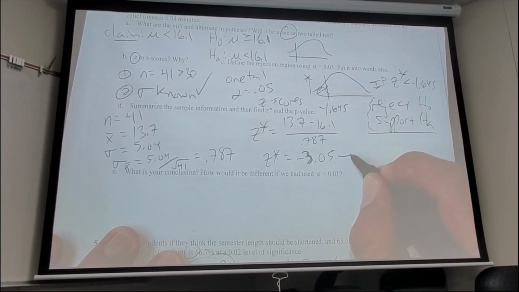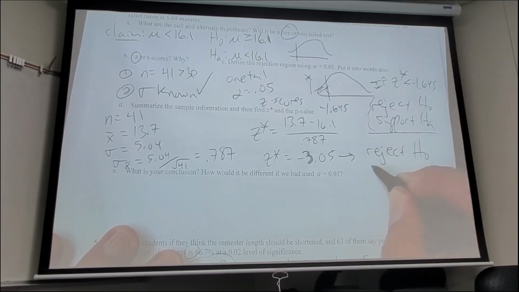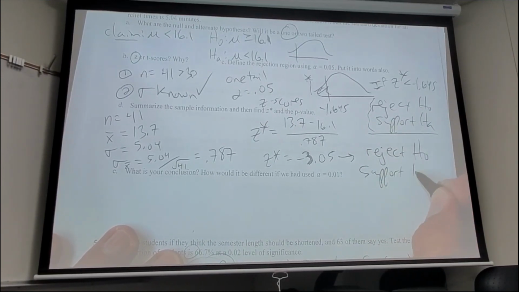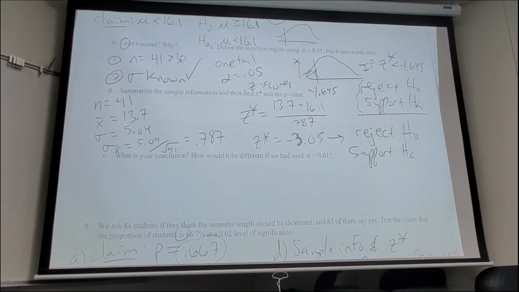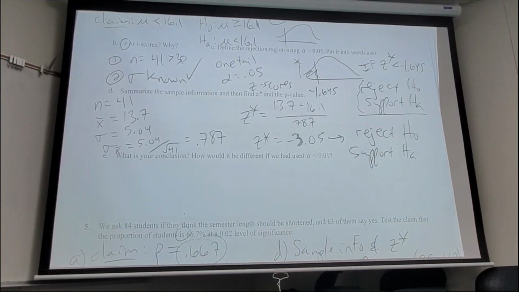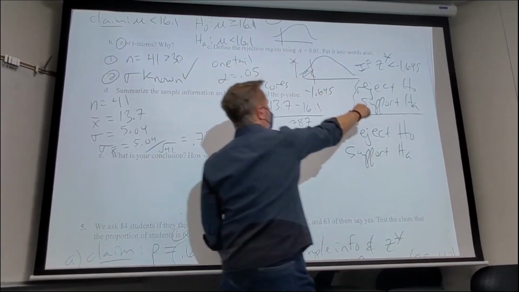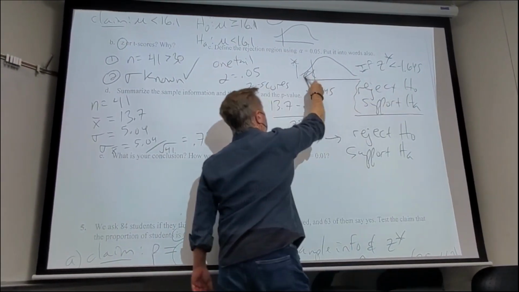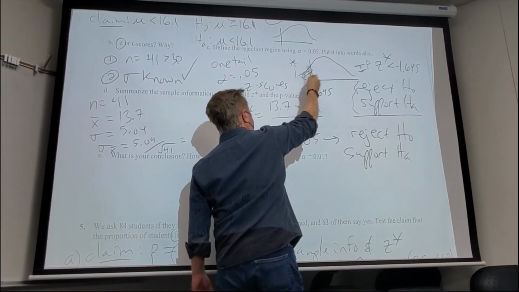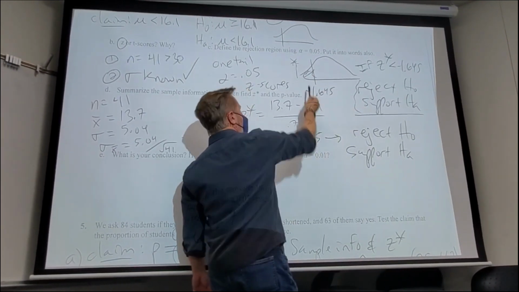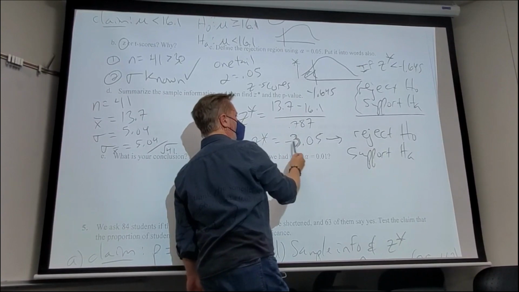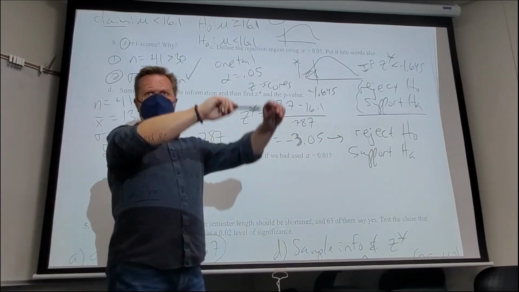So then, since I made it in there, I can reject the Ho. Good job, everybody. Support the Ha. So this was just a statement of what we could do if z star is less than this. Then we're so far away that it looks like it's wrong. Negative 3, that's 3 steps down. That's crazy far away.